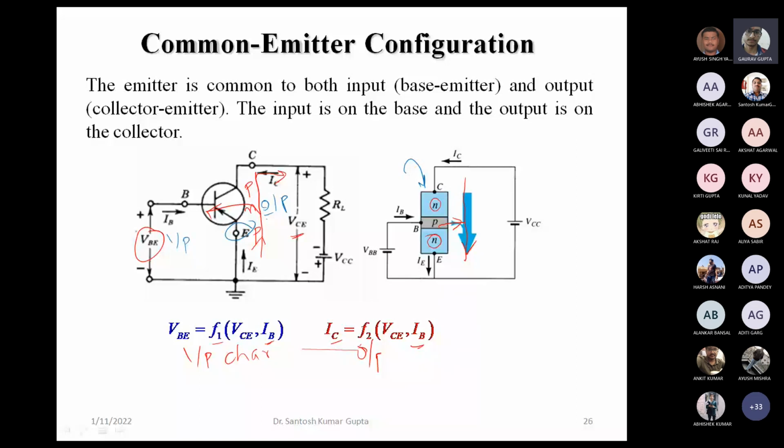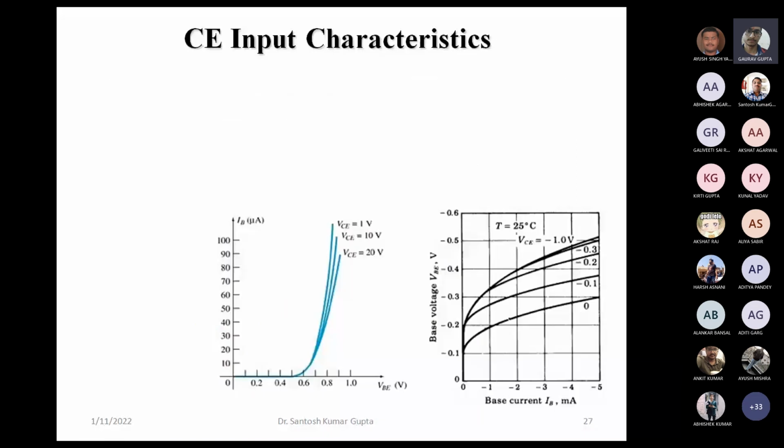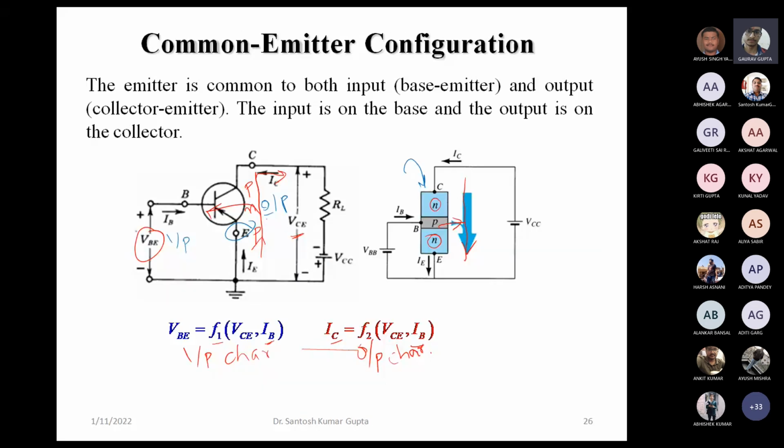So the input characteristic is drawn between the input current and input voltage. As seen earlier, the input current is IB, and here the voltage is VBB, but this is also called VBE because it is applied between base and emitter.